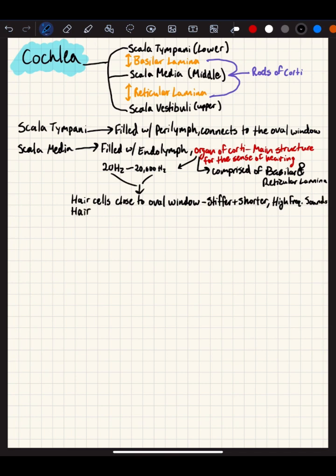Whereas hair cells that are close to the end of the cochlea are looser and longer, resulting in them being able to pick up the opposite, low frequency sounds.